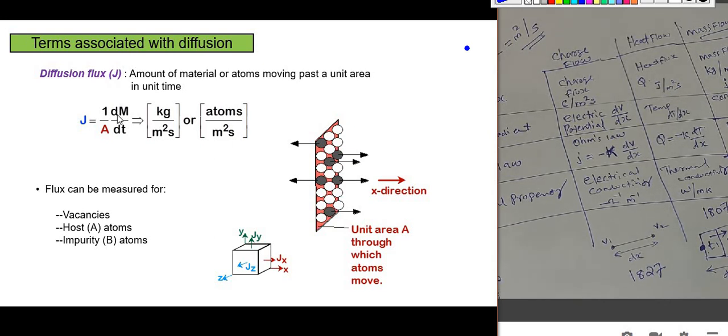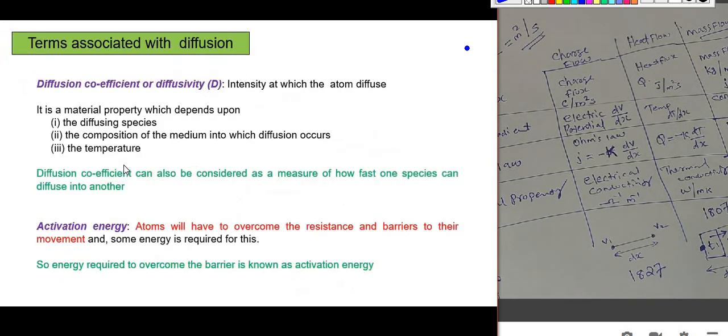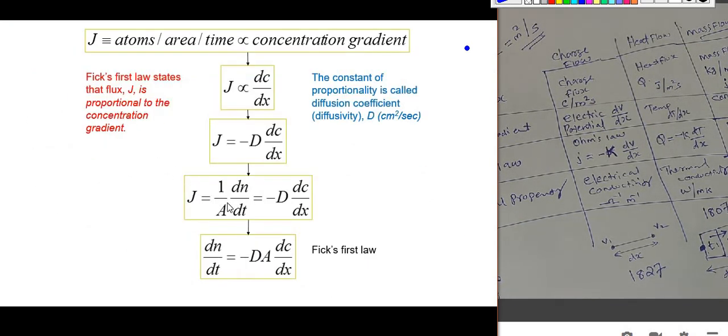So J can be expressed by 1 by A into dm by dt. Similarly, we can substitute here instead of dm, dn, the number of atoms, so 1 by A into dn by dt.